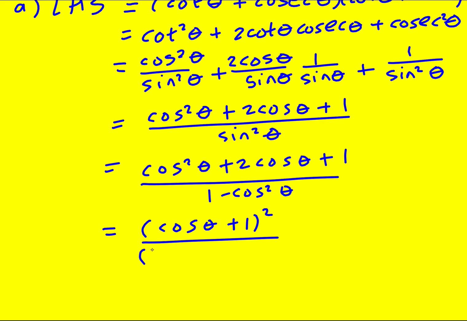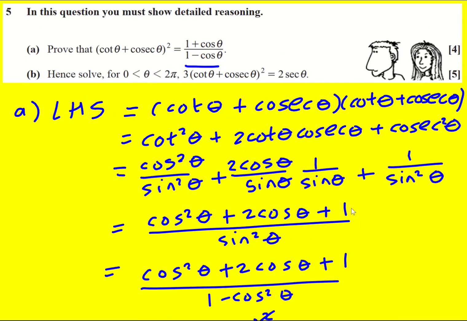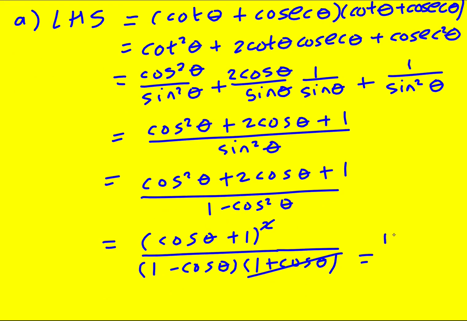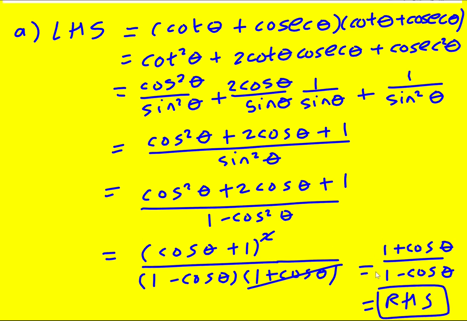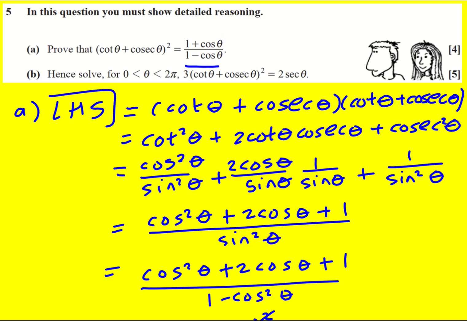And the bottom is a difference of 2 squares, so it's 1 minus cos theta times 1 plus cos theta. So this cancels with one of those, and we're basically done. Just going to write it as 1 plus cos theta over 1 minus cos theta. So started with the left-hand side, obtained the right-hand side, we're done.